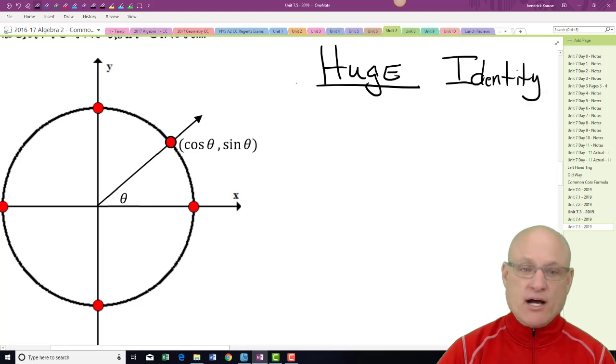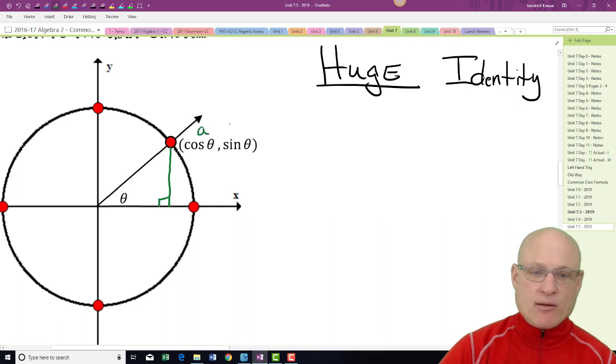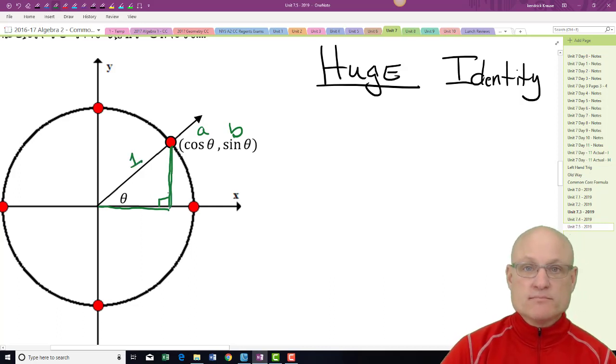Okay? Now, remember when I said, let's go back and create a right triangle. Remember when I said that we had this as A and B, and I said, okay, this distance is A. Remember, this is a unit circle, so this is 1, and this is B, right?